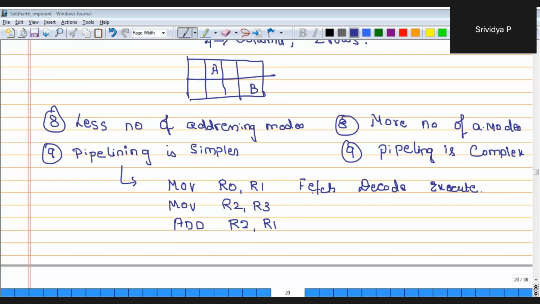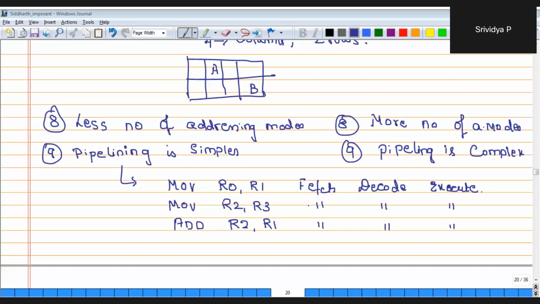So if it is an unpipelined architecture, first fetch, decode and execute of the first instruction will be done. Then fetch, decode and execute of the second instruction will happen. Then fetch, decode and execution of the third instruction will happen. If I assume that each operation takes 1 clock cycle, a total of 9 clock cycles are required.